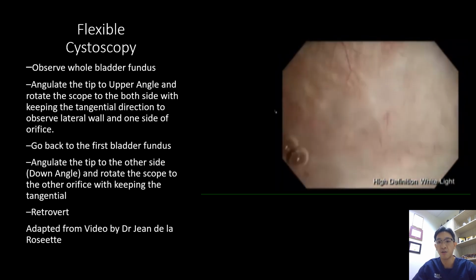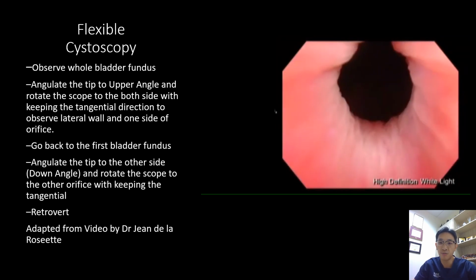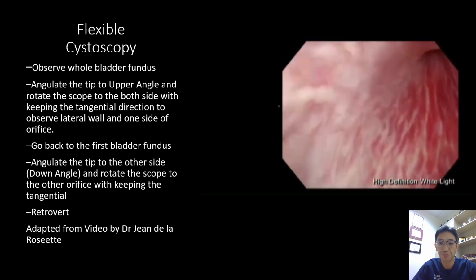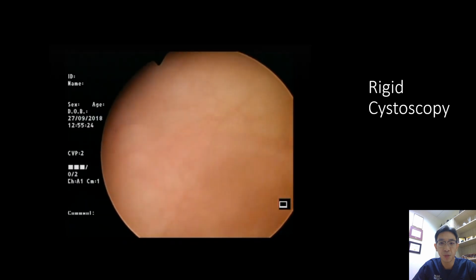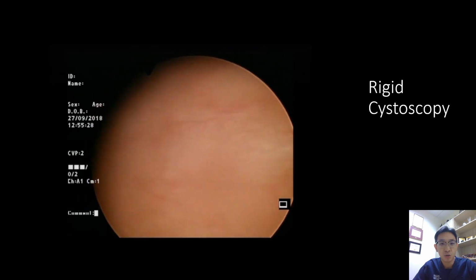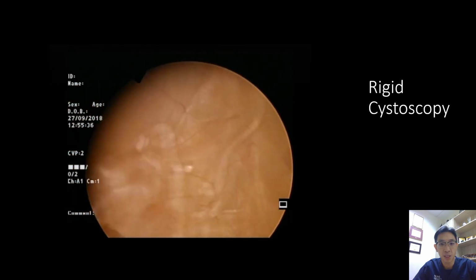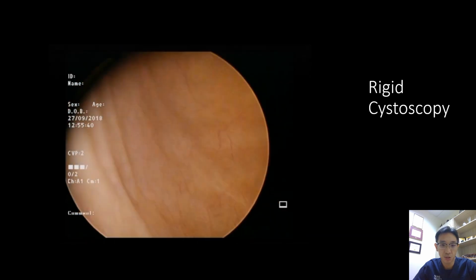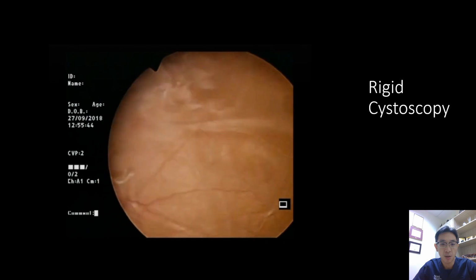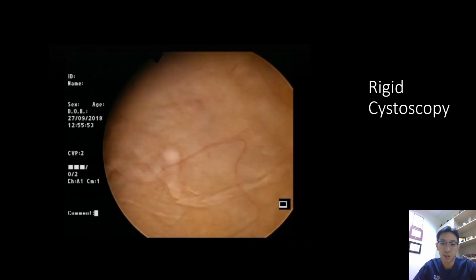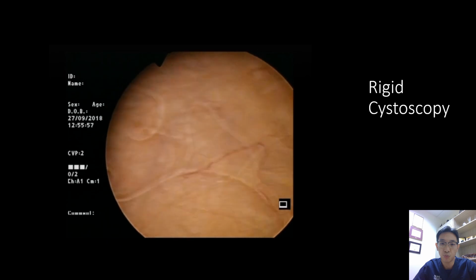Here you see a retroversion, another important feature of the flexible scope over rigid scope. I tend to do an NBI also before a TURBT using a rigid cystoscopy. Again, a careful mapping of the whole bladder with the cystoscope is important.